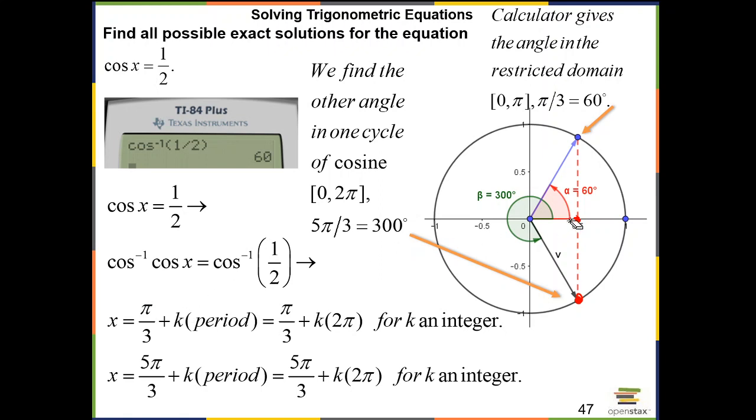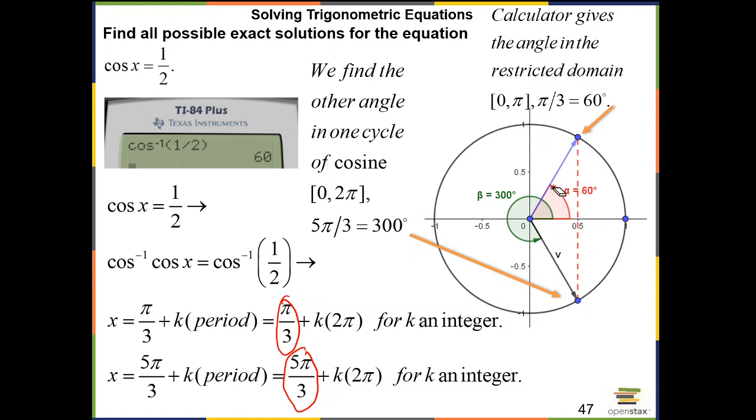And the other one is this angle here, which obviously, if you take 2 pi and take away pi over 3 from it, 2 pi is 6 pi over 3 minus 1 pi over 3, because this is pi over 3 as well, right? Because this is symmetric here. So that's 5 pi over 3. So there are pi over 3 and 5 pi over 3 that have cosine 1/2.